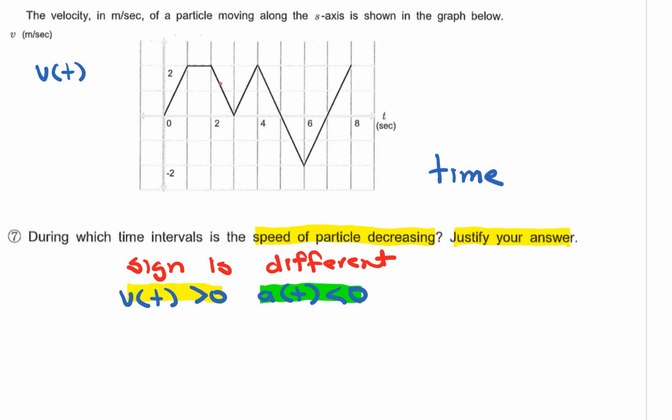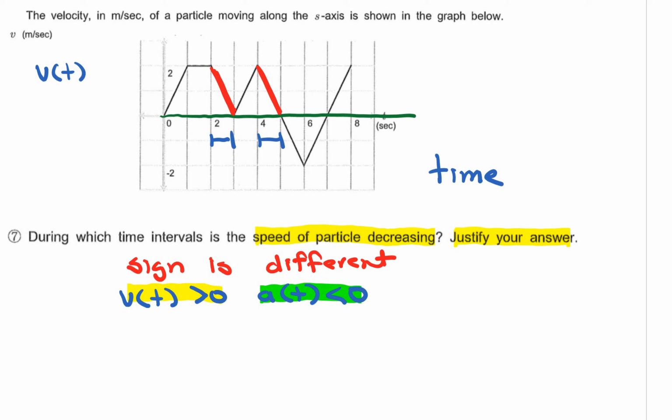Okay, so here's one region right here. That red line represents that we're above the x-axis, but we have a negative slope. And here is another region where we're above the x-axis but have a negative slope. So those times are between 2 to 3 and from 4 to 5, right? So between 2 to 3 seconds and 4 to 5 seconds.